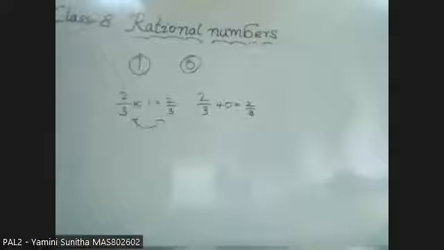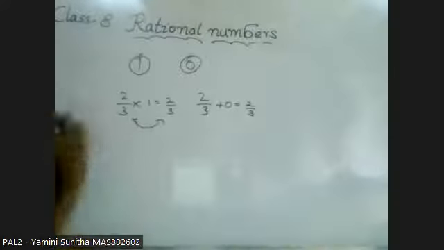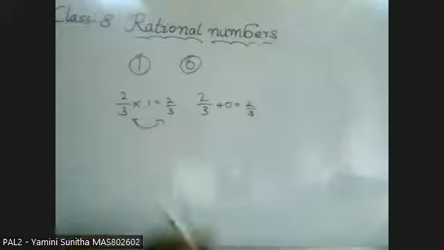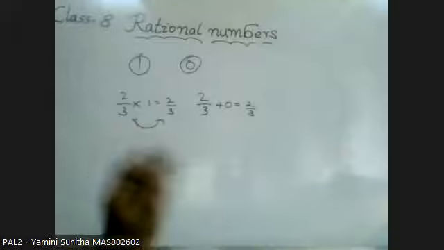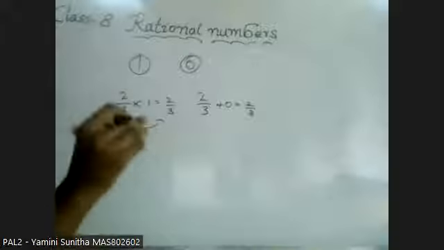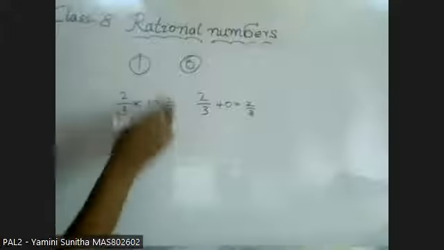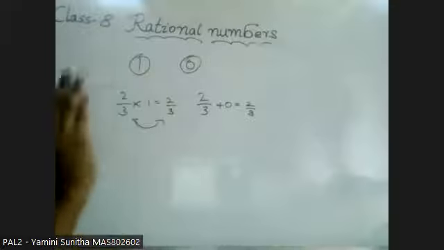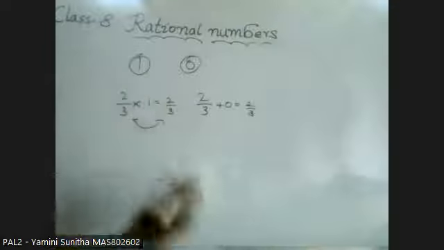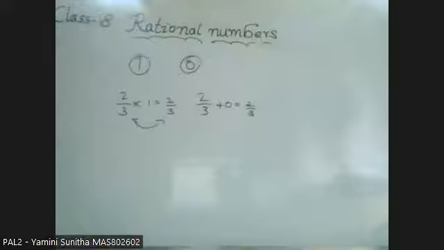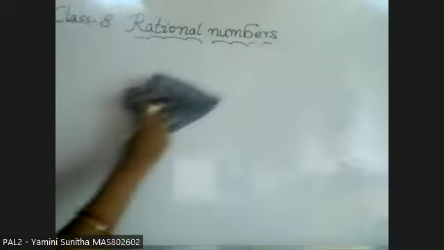This is the multiplicative identity: if you multiply any number by 1, you get the same value. And if we add any number with 0, we get the same number. This is known as the additive identity.